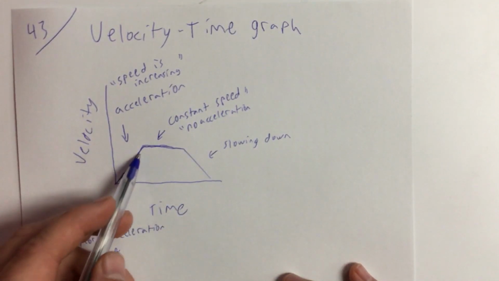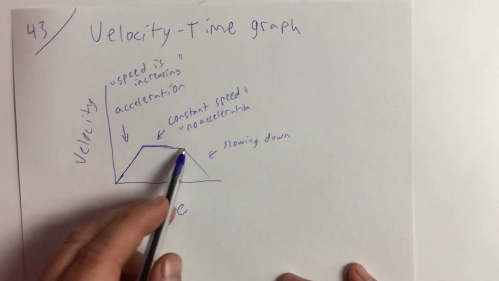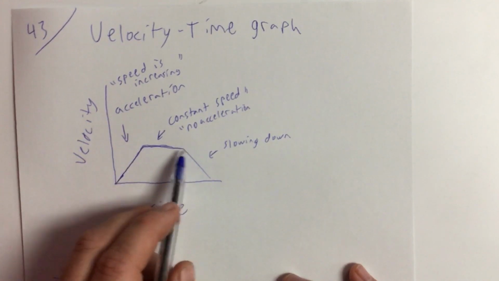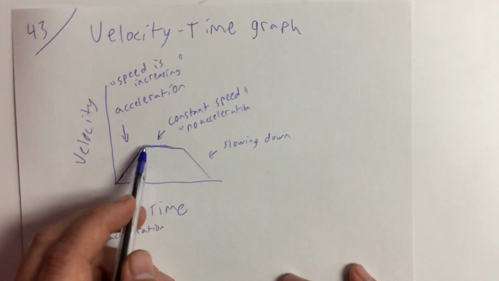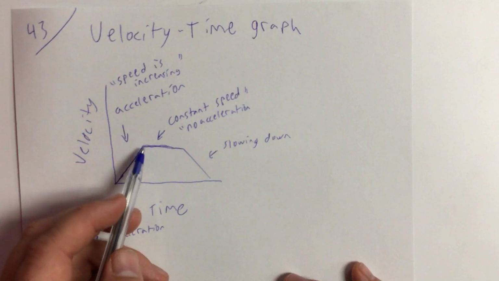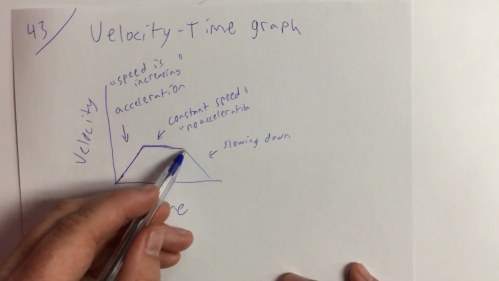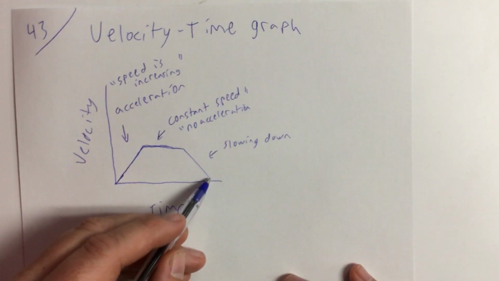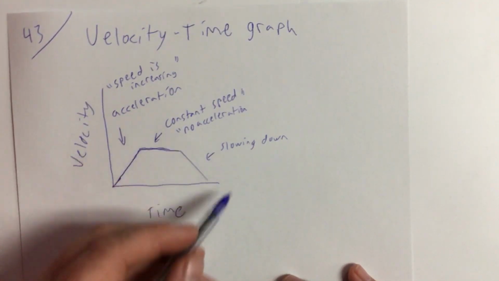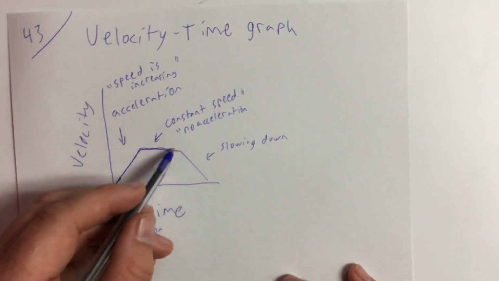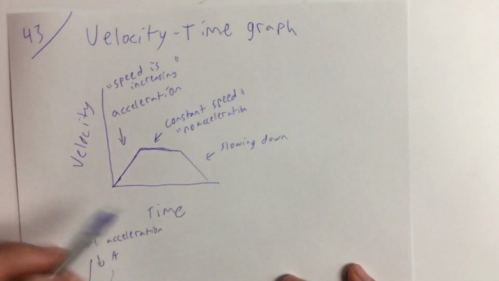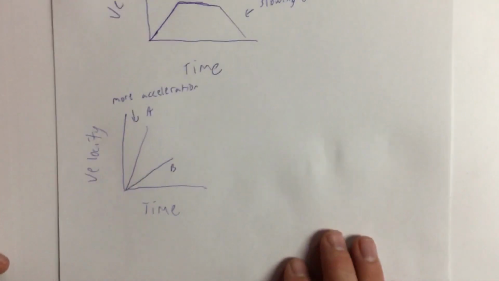Like let's say here you get up to like 55 miles an hour. Here, constant speed. This would be like cruise control. You're moving, you could be moving fast even, but you're not changing your speed. And then here, stop sign's coming up, so you hit the brakes and slow back down to 0. So that's what this graph is showing. Car speeds up, goes to the same speed for a while, and then slows back down. So hopefully that makes it a little more clear.